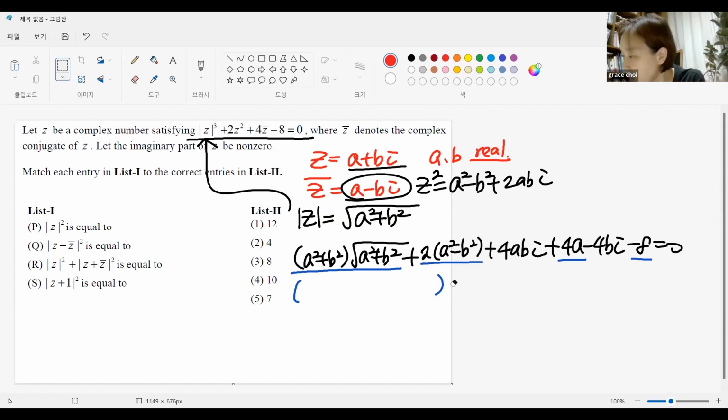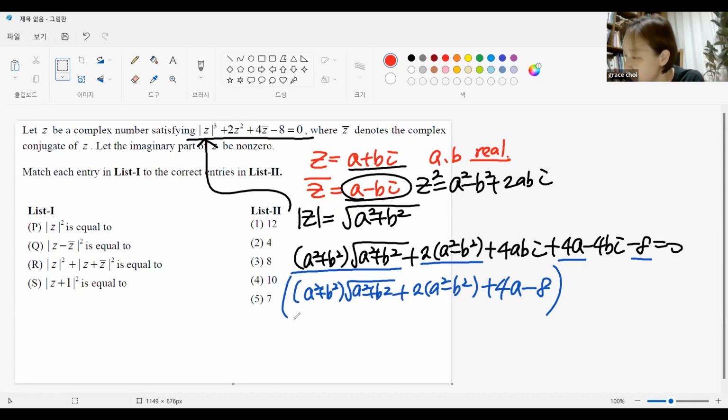Oh, too long, right? So quickly, a squared plus b squared times the square root of a squared plus b squared, plus 2 times a squared minus b squared, and then continuously 4a minus 8. Oh, long. Then plus the imaginary part here and here. So 4ab minus 4b times i equals 0.